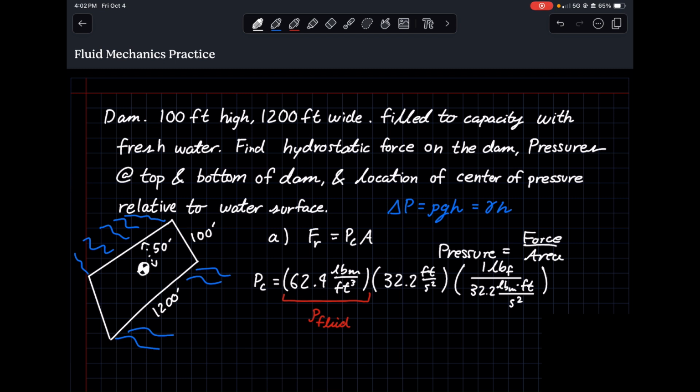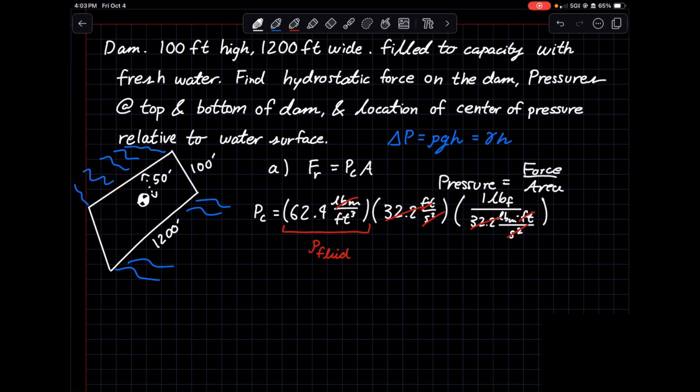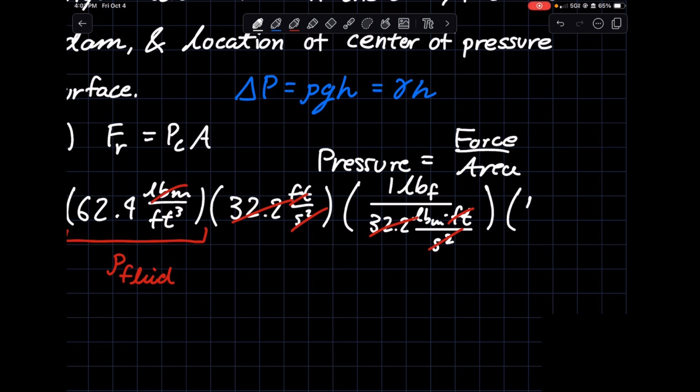It's just that easy. So we can actually cancel out our 32.2, and what we'll end up with is something on the lines of pound force per cubic foot. So if we just add on this 50 at the end, this would be 50 feet.